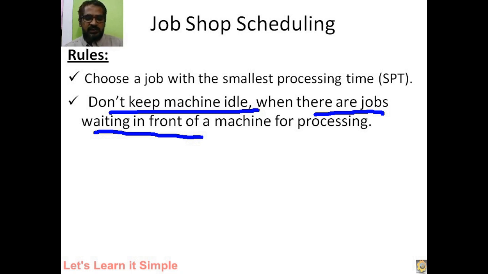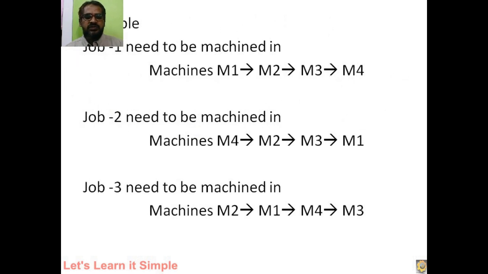Now here is a simple illustration. We have 3 jobs that need to be processed in 4 machines. The first job goes in this sequence: machine 1, then machine 2, then machine 3, then machine 4.